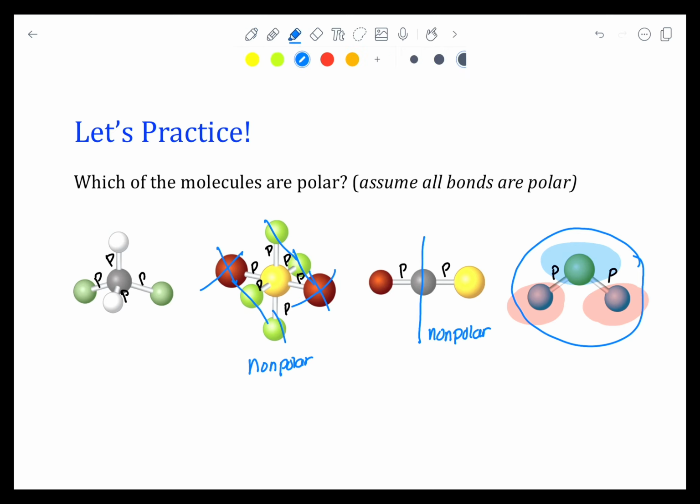If we knew that, there could be an area that's more negative versus an area that's more positive, but you would need to know the identities to do that. So basing this strictly off of symmetry, this is a symmetric molecule, meaning that this would be nonpolar.